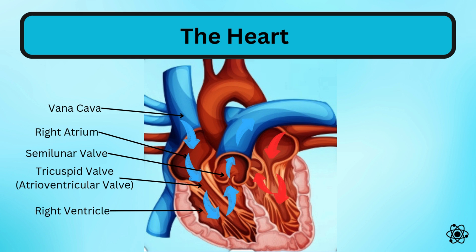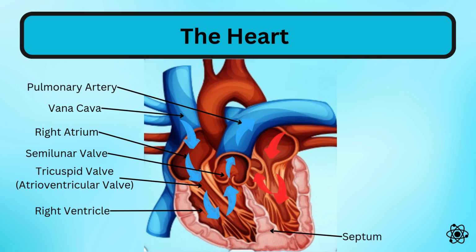The walls of the ventricle contract and the blood is pushed through the semilunar valve into the pulmonary artery. This is the pulmonary artery. It is a blood vessel that carries deoxygenated blood away from the heart to the lungs to be oxygenated.